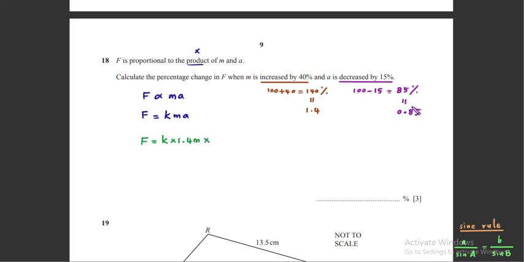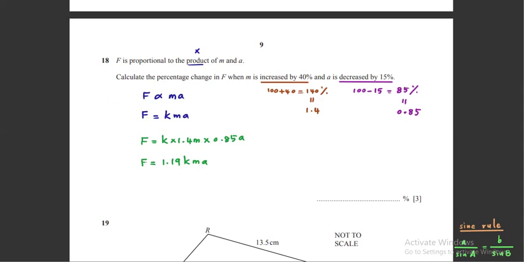Then a becomes 15% smaller, so that's going to be 0.85 a. I can simplify this and write it as F is equal to 1.19 k m a.